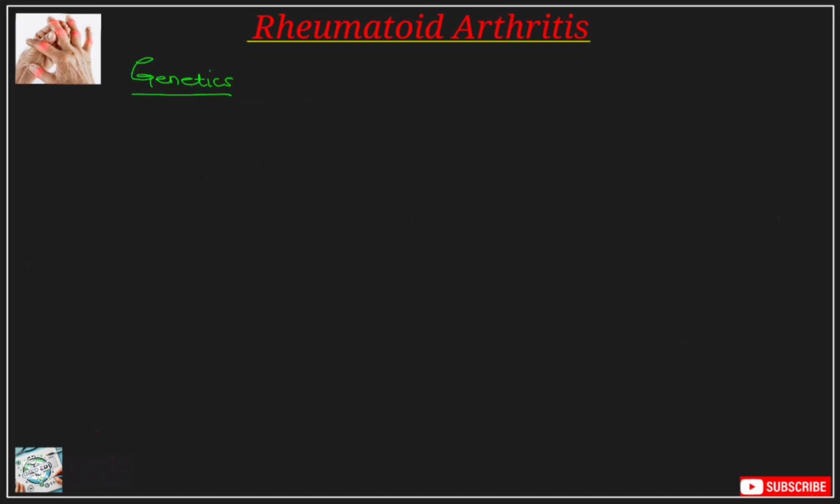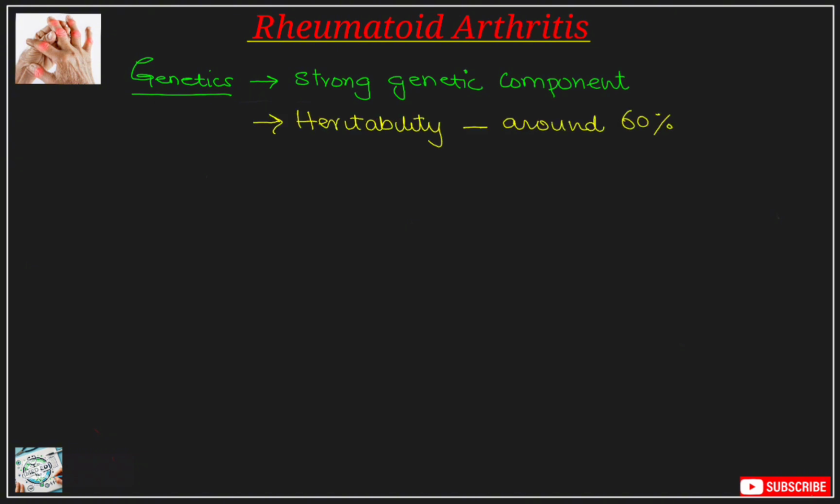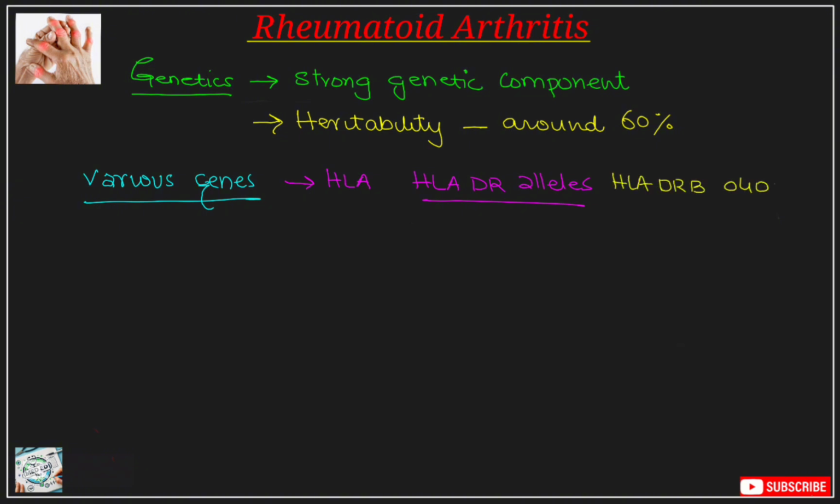Moving on to the genetics of rheumatoid arthritis, it has a strong hereditary component with an estimated heritability of about 60%. This means that genetic factors play a significant role in determining susceptibility, though environmental triggers are also involved. The most well-established genetic risk factors are the HLA-DR alleles, particularly the HLA-DRB1 variants like DRB1 0401, 0404, and 0101.